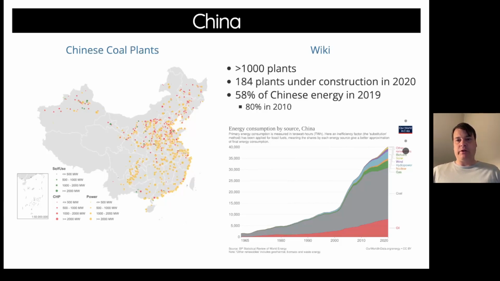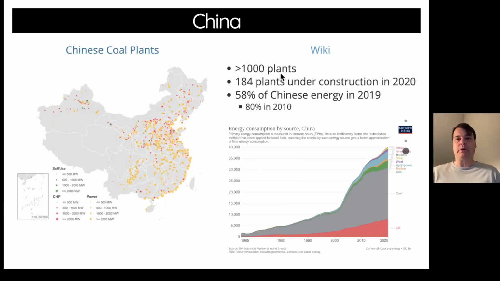And in 2019, about 58% of Chinese energy came from coal, versus 80% in 2010. So China's dropped from 80% to 58% of their energy coming from coal in just 10 years. But at the same time, they've significantly increased the amount of coal plants that they've created as their energy and development has hugely increased over time.